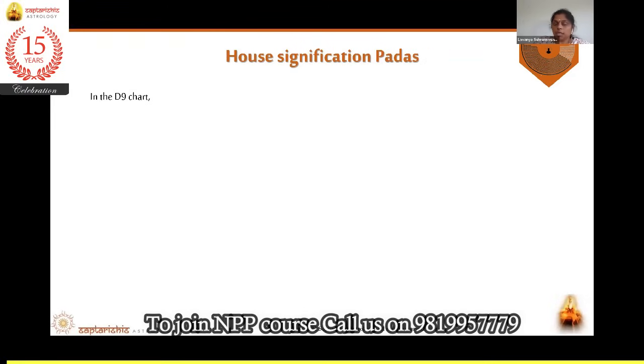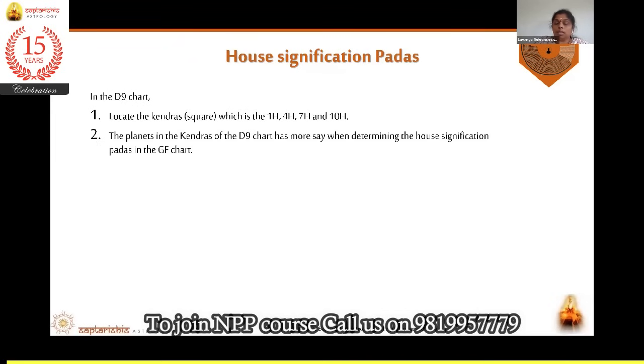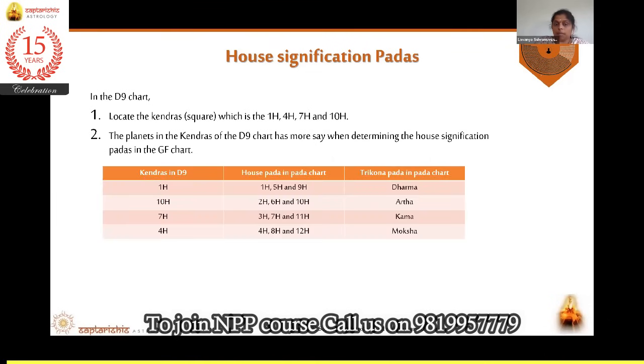In the D9 chart, now I'm going to show you how to fill in the details into the pada chart. Locate the kendras in the D9 chart, which are the first house, fourth house, seventh house, and 10th house. The planets in the kendras of the D9 have more say when determining the house signification padas in the Graha Friction Chart.